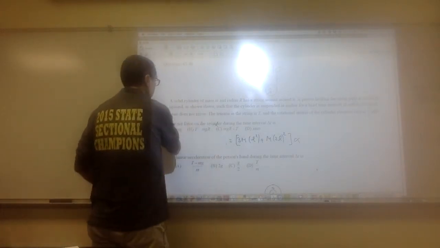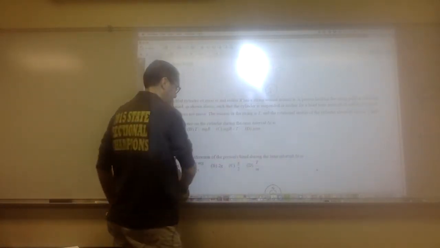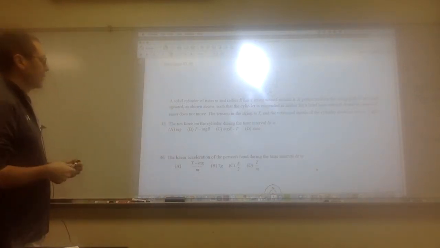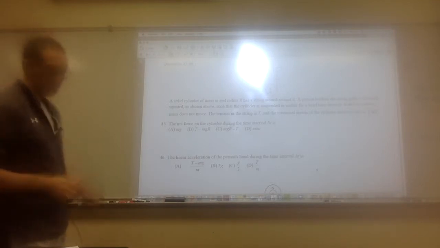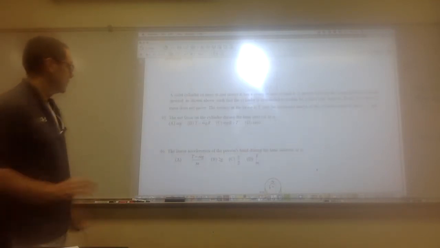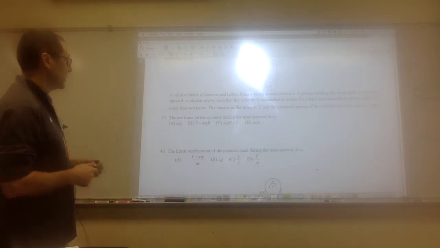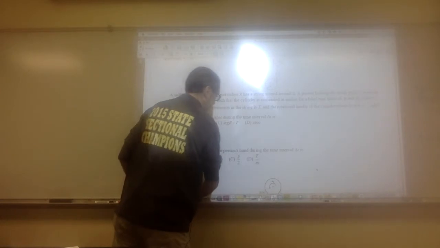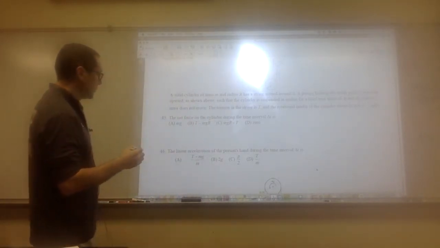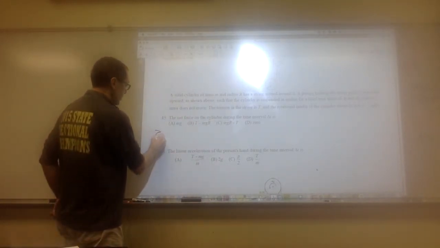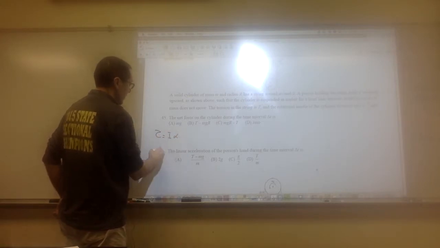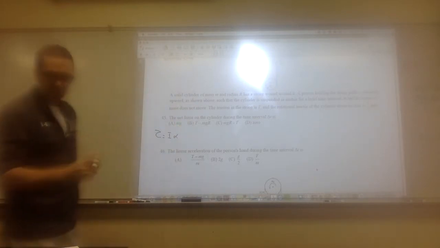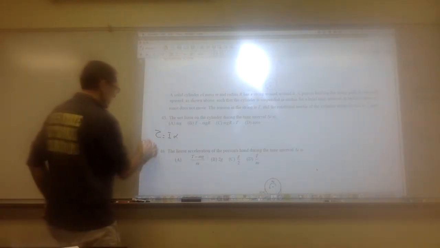Let's look at 45. If you read 45 carefully, it says that for that little period of time, the object is not moving, so the net force on it should be 0. Okay, now we're going to try to find the linear acceleration caused by the person's hand. So here I think we can say for 46, I'll just do it up here. So torque equals I alpha. Now the torque is generated by T, which when the object is at rest is equal to mg.